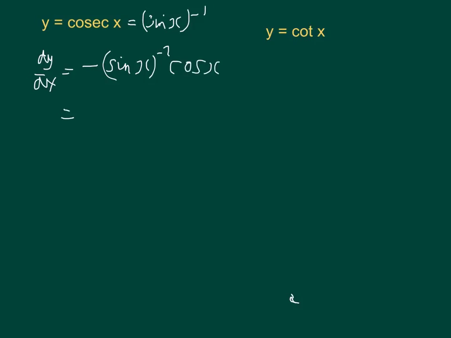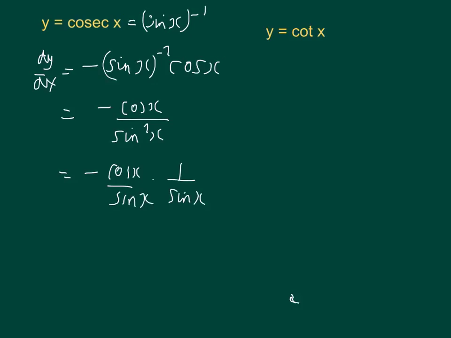Okay, so the minus cos x on the top of the fraction and sine squared x on the bottom. Again, split it into two fractions. We've got minus cos x over sine x multiplied by 1 over sine x. And that gives us minus cot x cosec x. So the differential of cosec x is minus cot x cosec x.